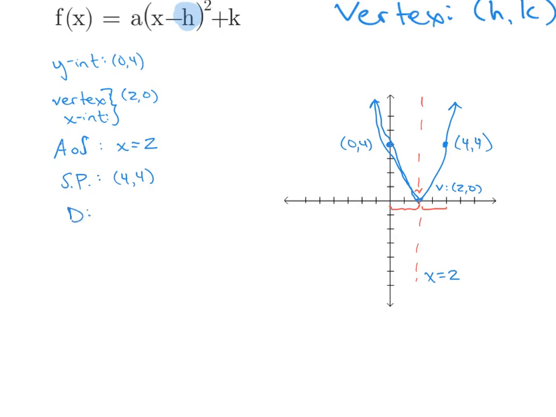So our domain, again, is negative infinity to infinity because it is a quadratic or a polynomial. And our range, we want our y-coordinate of our vertex, which is 0. And this goes up forever to positive infinity.